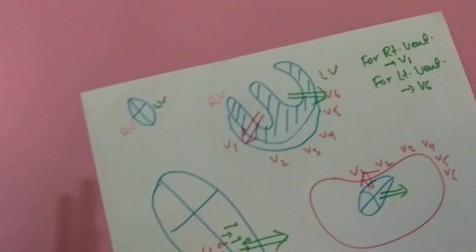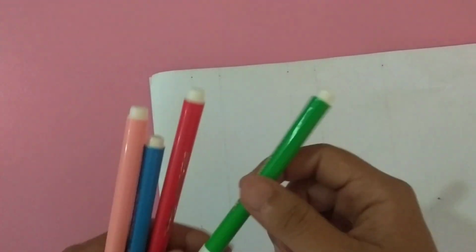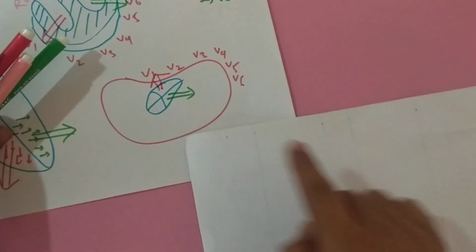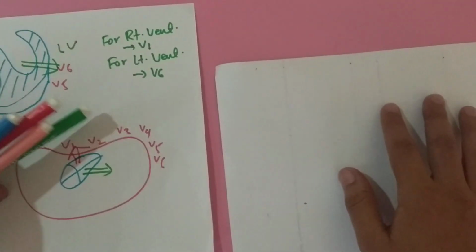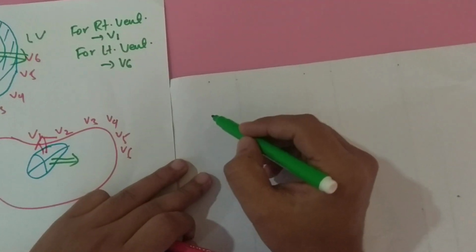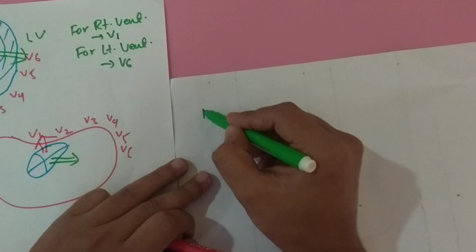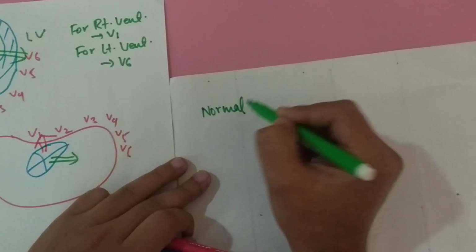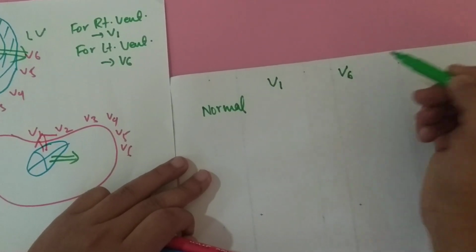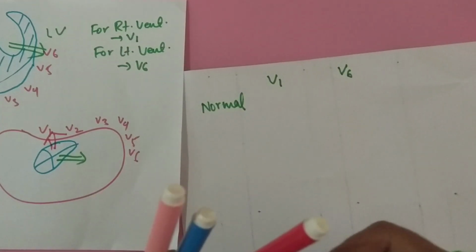Now in the next diagram I would like to explain what will be the changes in the case of normal and abnormal V1 and V6. So let us look at this diagram and compare. I will write normal here, and we will keep the V1 lead and V6 lead.